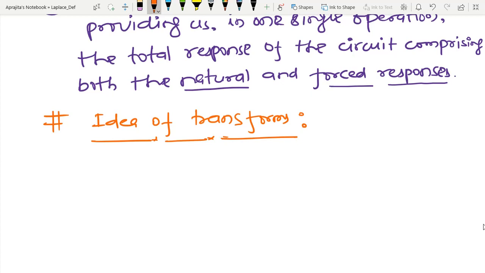We are already familiar with some kinds of transform.